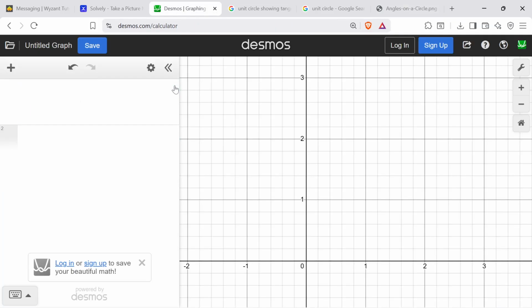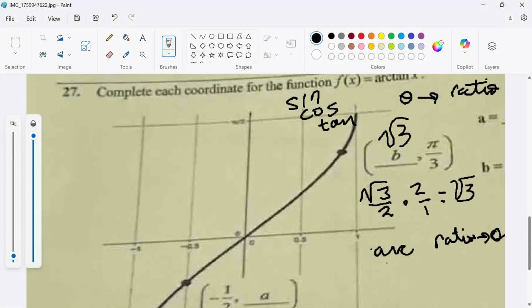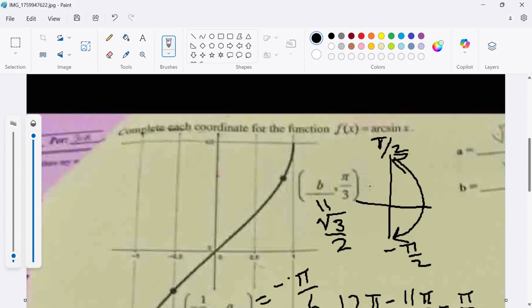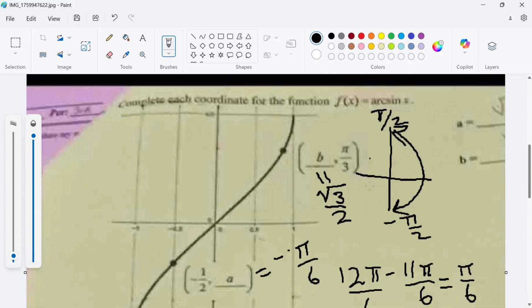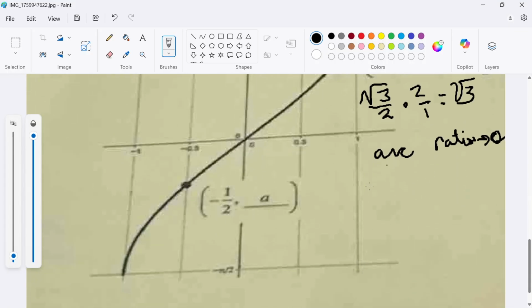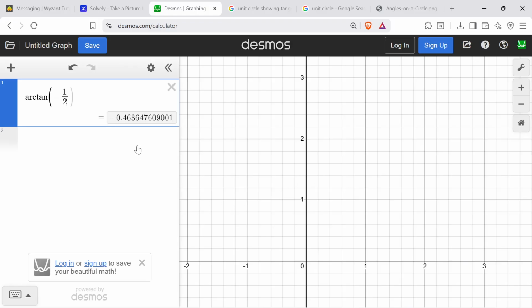So I'll just go to my calculator, and I want the arctan of negative 1/2. Now, does this have to be done without a calculator? Well, let me think about that in a second. Arctan of negative 1/2 is negative 0.4634 radians.